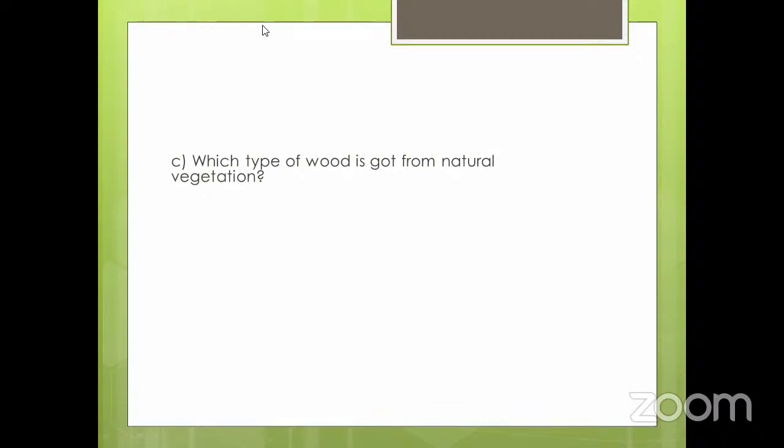Who can give us the answer? Yeah, they would ask you. Who can give us the response? Which type of wood is got from natural vegetation? Do you know? What is it? Put up your hands here.